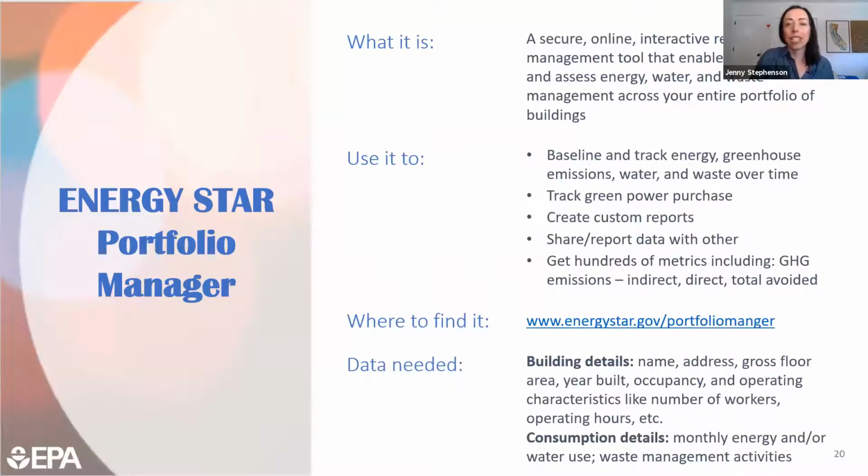For this purpose, you can use it to track your energy use, both the green power that's generated on-site and your green power purchases. It has a lot of features in creating custom reports. You can easily share data with others within your organization and outside of it, and it has hundreds of metrics.